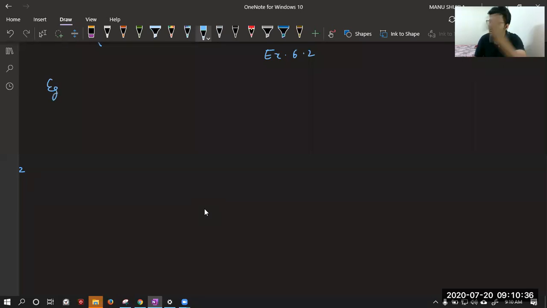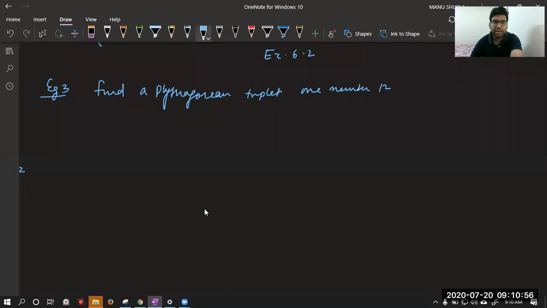Example number 3. It is saying: find a Pythagorean triplet in which one member is 12. So we have to find two other numbers.